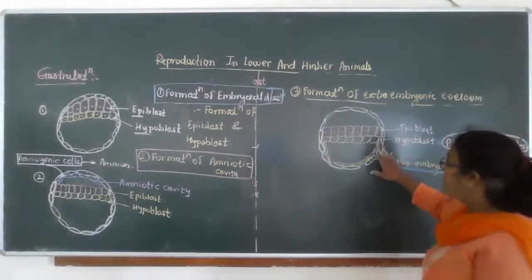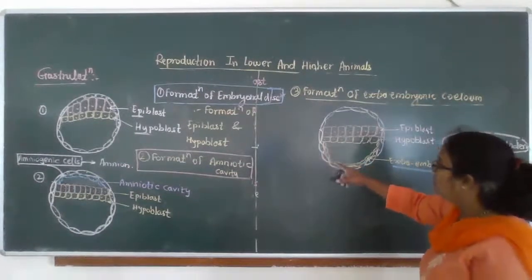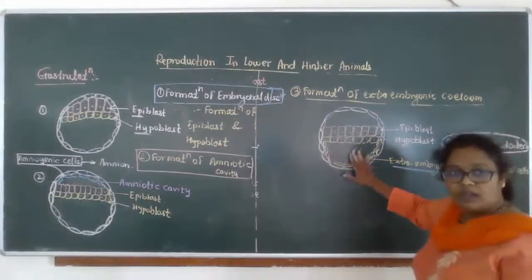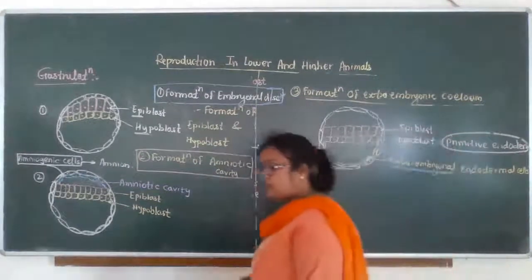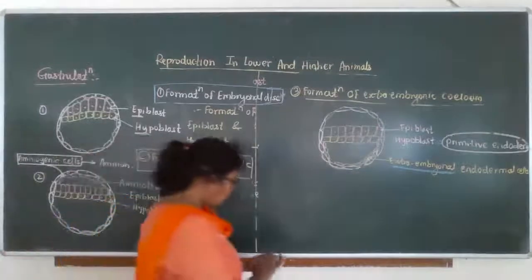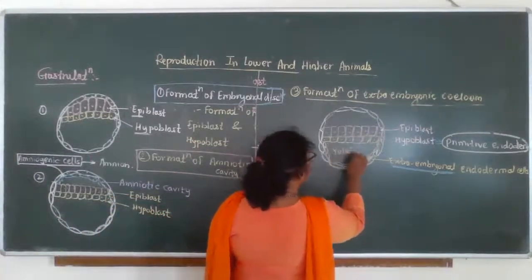This hypoblast cells divide and form a layer around the trophoblastic cells, and here a cavity gets formed. This cavity is now named the yolk sac.